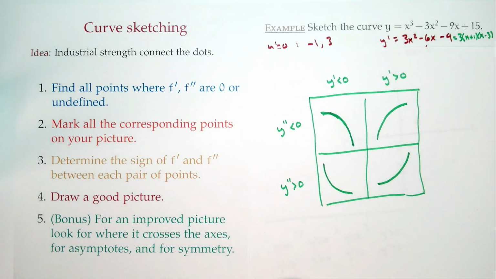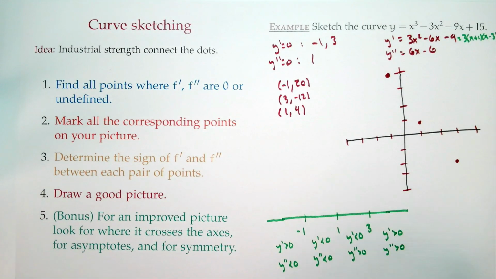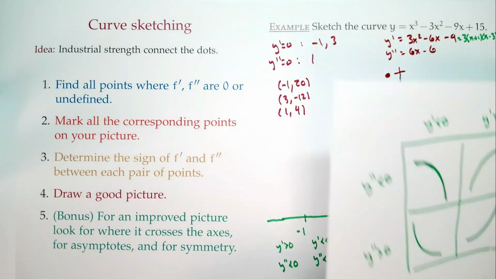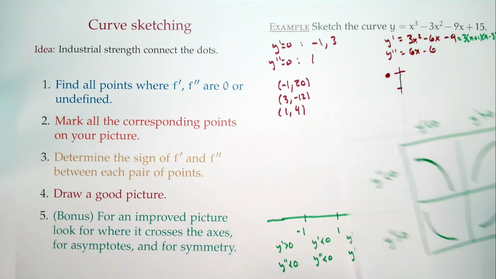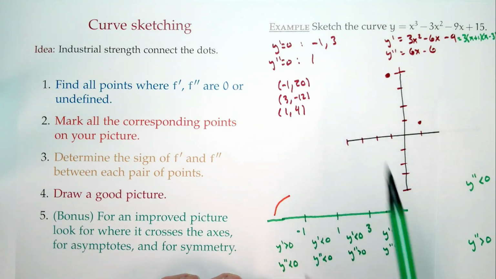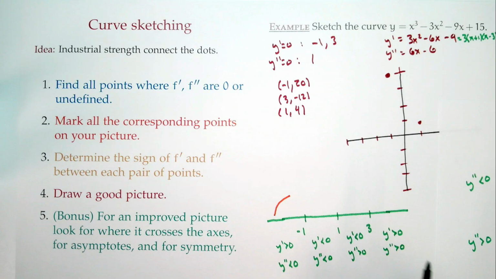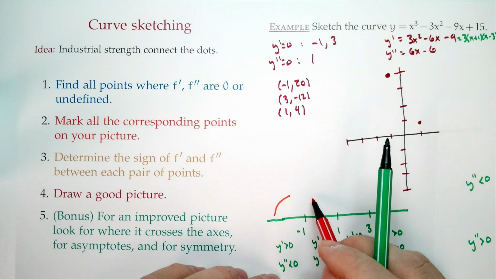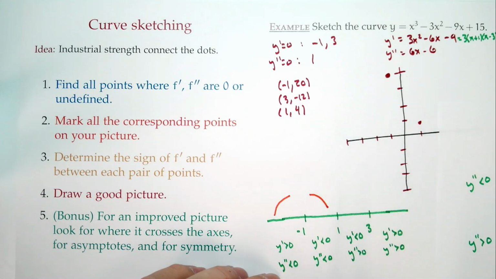Okay? So we can tell our basic shape if we know the signs of the first and second derivative. In particular, if y prime is positive and y double prime is negative, that means in this interval we have to be doing this kind of shape. If we're both negative, we have this kind of shape.